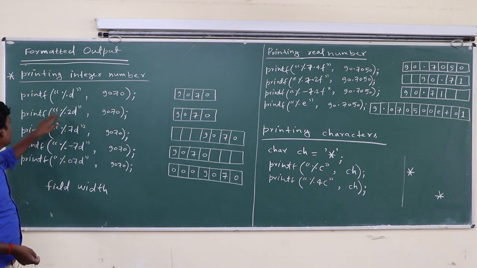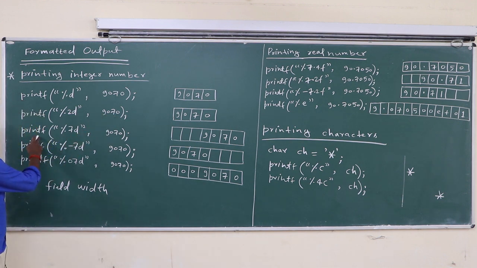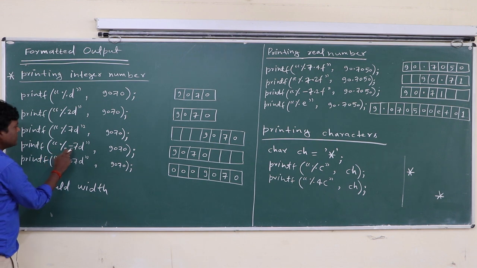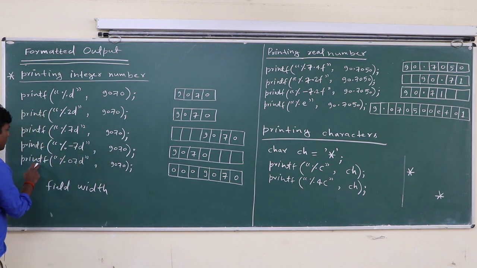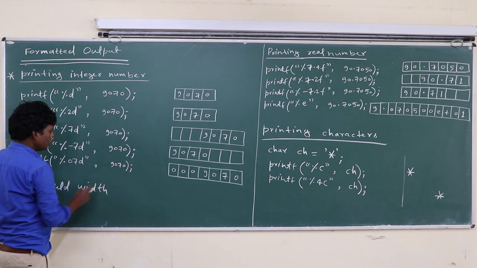Okay, printf %2d 9070, printf %7d 9070, printf %-7d 9070, printf %07d 9070.